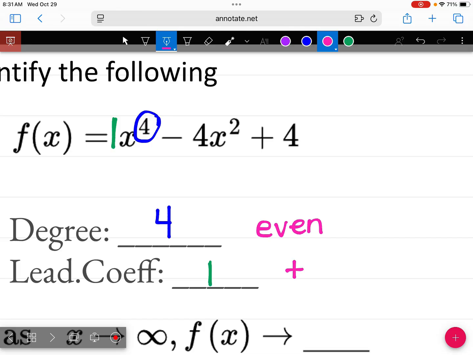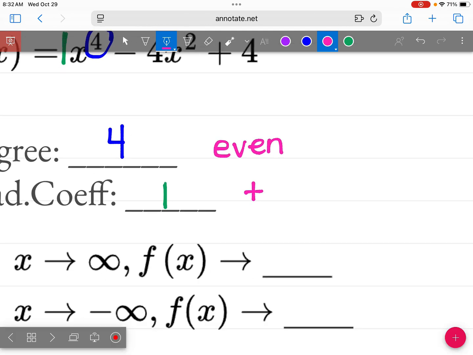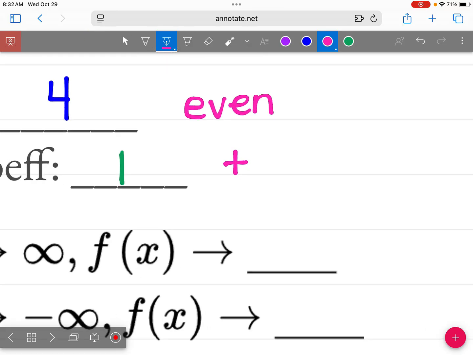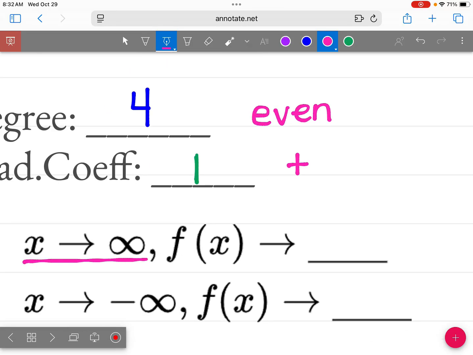So even positive means I know what happens to my right arrow. Which way is my right arrow going to go? Up. It's positive. So my x going to positive infinity means my f of x, my function, is going to go to positive infinity. Would it be the opposite now?